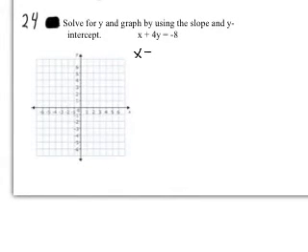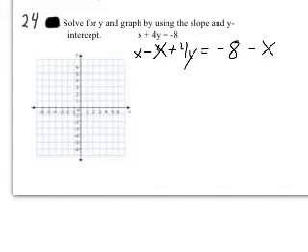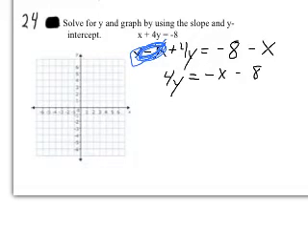Negative x, whoops, plus 4y equals negative 8 minus x. So the x's cancel out. These x's cancel out. And we get 4y equals a negative 8 minus x. We want to put our x term first. So let's make it 4y equals negative x minus 8.